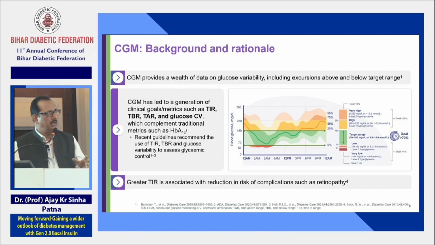The recommendation is to keep the blood sugar level between 70 and 180. These complement traditional metrics such as HbA1c. Recent guidelines recommend the use of TIR, TBR, and glucose variability to assess glycemic control.